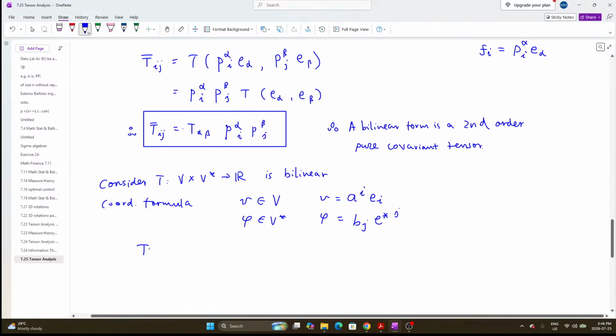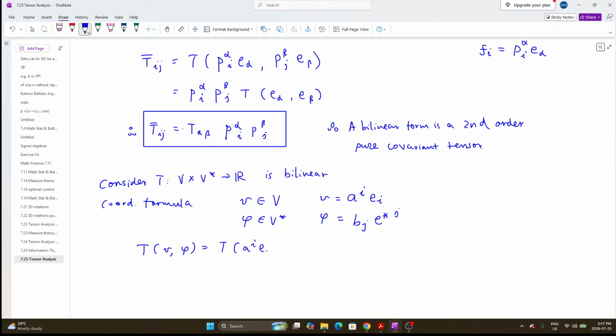All right, so what should the coordinate formula look like? Let's say this is T(v, phi). It takes a vector and a covector and returns a real. Well, it is T of a^i e_i, b_j e star j.